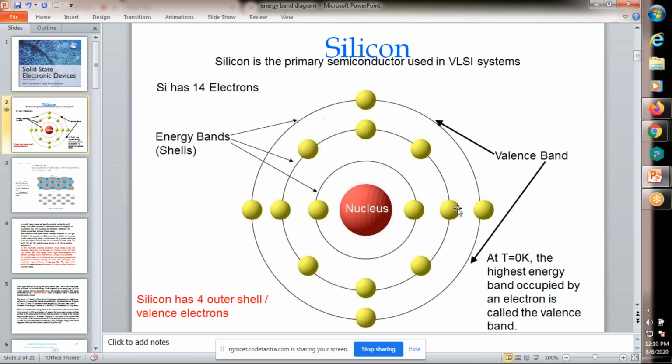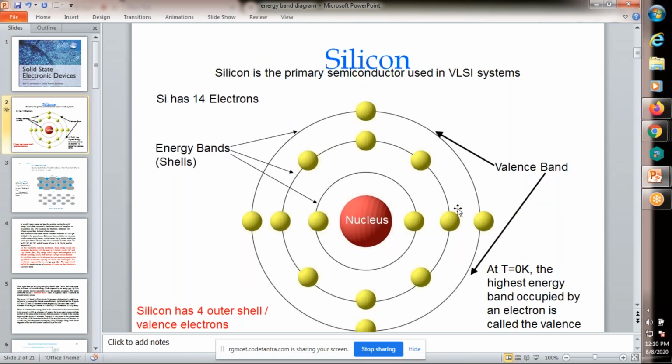Now observe here, already we know that silicon is the main material used for VLSI systems or manufacturing integrated circuits. So this is the nucleus, and these are all the energy bands, or what we can say are called the shells. This is 1s2, in the first shell 2 electrons, then 2s2, 2p6, like that.